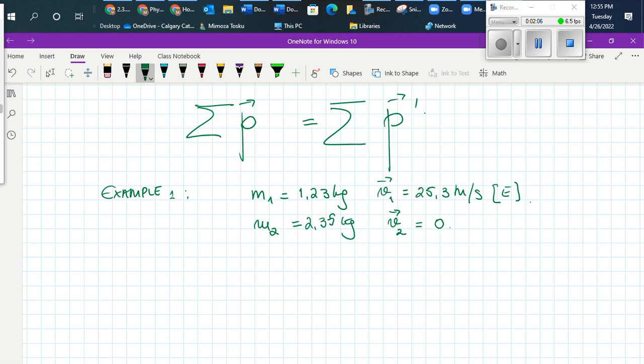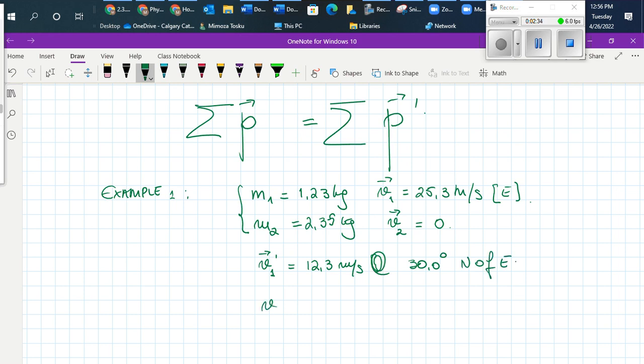So, let's say this is before the collision, and after the collision, object 1 is moving with a velocity of 12.3 meters per second at 30 degrees north of east.